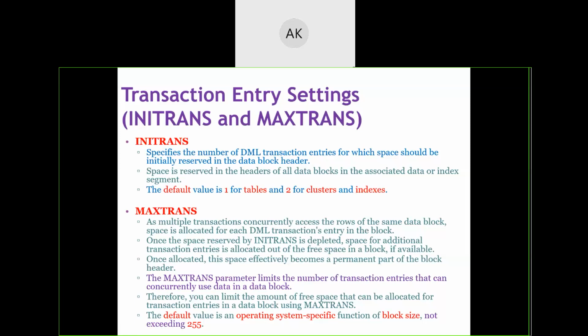Now for the maximum number of transactions, it all depends on the operating system's capability. If the operating system is good, we can have n number of operations, but though I say n, the limit will be 255.